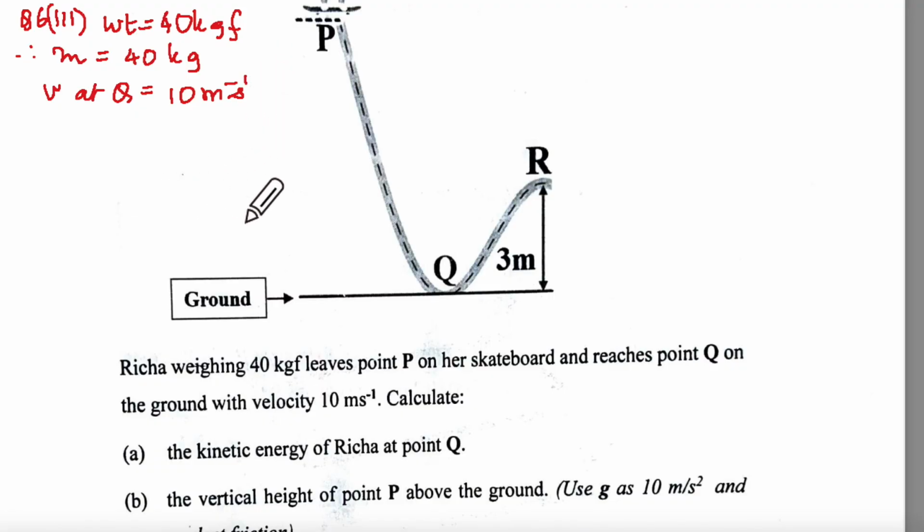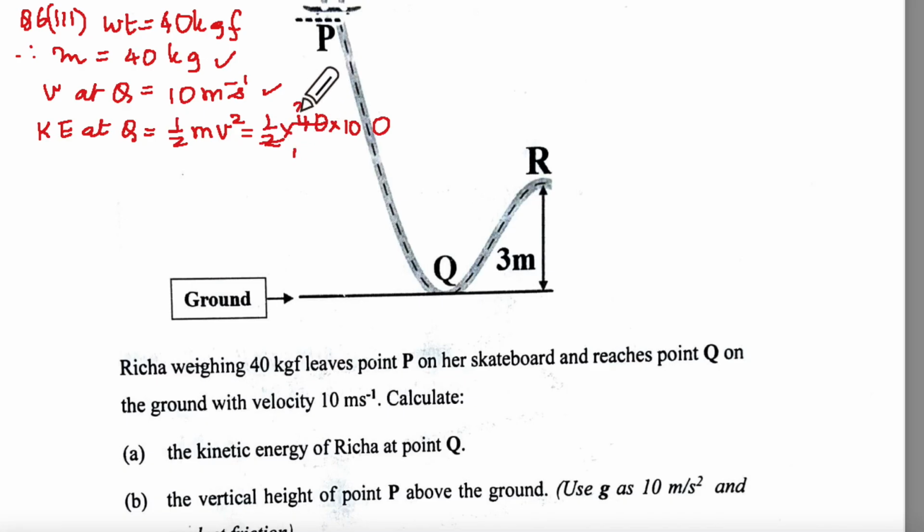Calculate the kinetic energy of Richa at Q. So kinetic energy at Q, we have the mass and we have the velocity. So half mv square would give us half into 40 into 10 into 10, that is 100. So 2 goes here 20 times, and that would give us 2000 joules as our answer A.